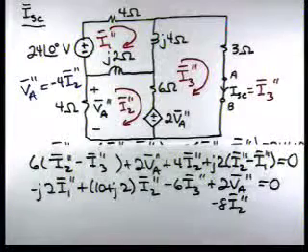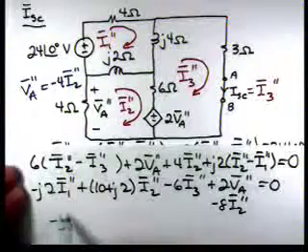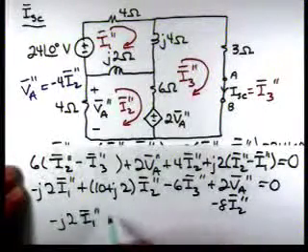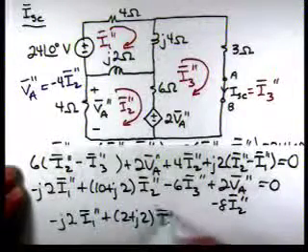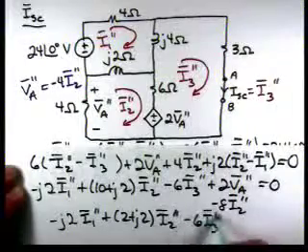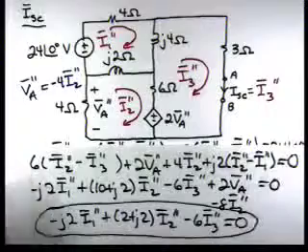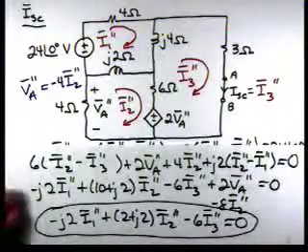So this equation becomes minus J2 I1 double prime plus 2 plus J2 I2 double prime minus 6 I3 double prime equal to 0. Okay, so there's our second equation.